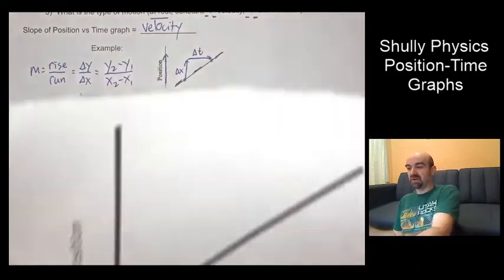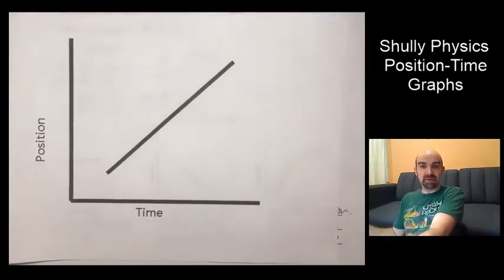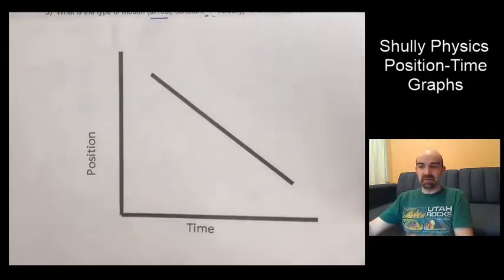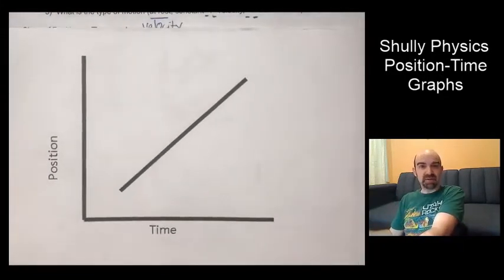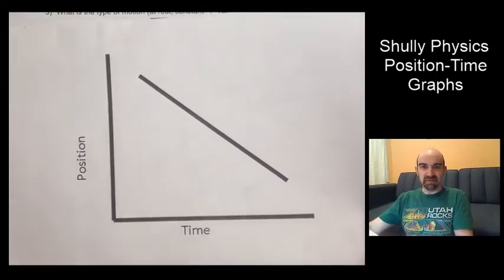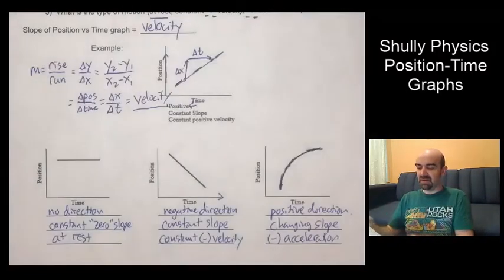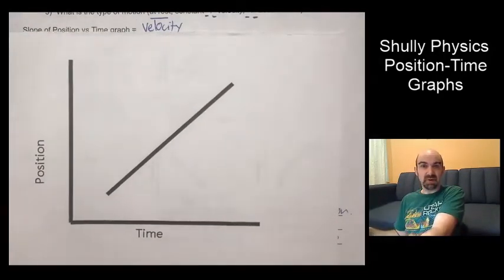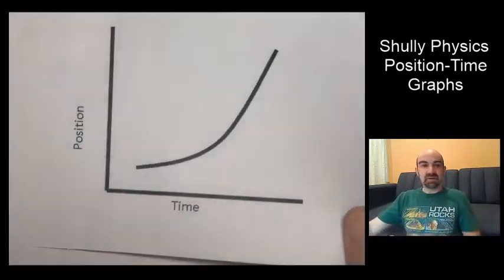This is a positive direction and a negative direction. Constant positive velocity, constant negative velocity. Okay. And finally, this is a constant motion, constant speed. Here's a changing speed.